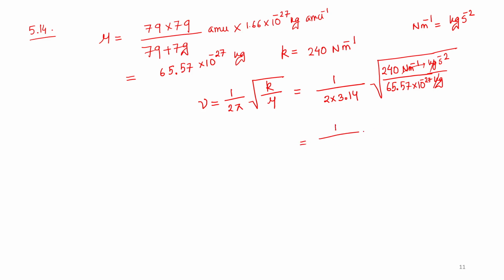You will get 2 into 3.14, 240 by 65.57 into 10 to the power 27. I just took it in the numerator, and second minus 2 under the root would come as second inverse, which is known as hertz, the unit of frequency, right?